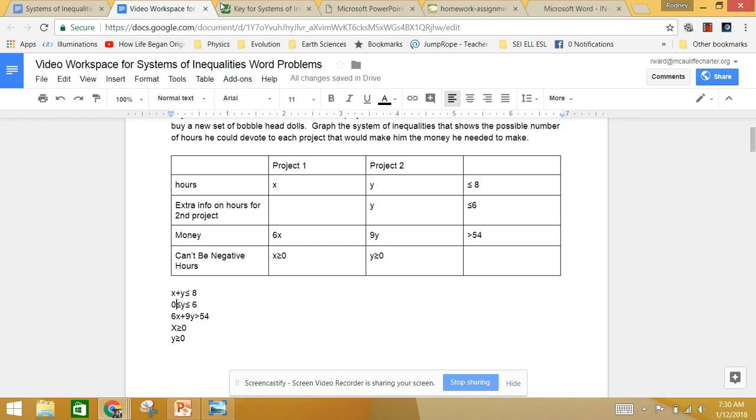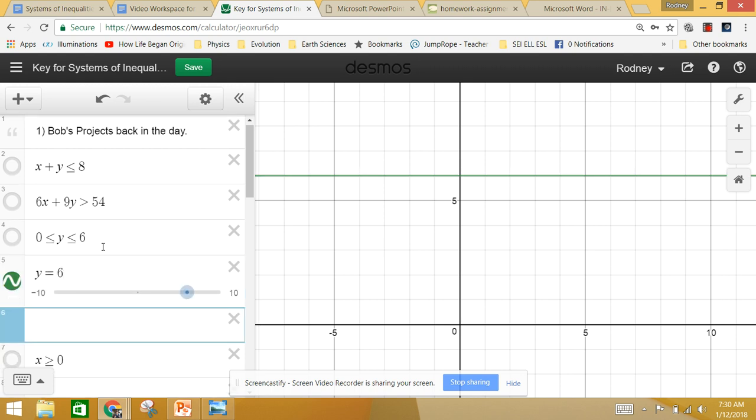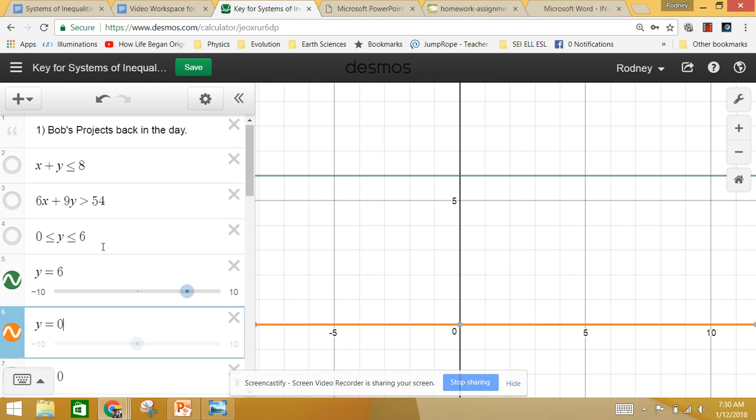So we go in here. Y is anywhere from 0 to 6, so that means I'm going to create some lines as my boundaries, y equals 6 and y equals 0. So those are my boundary lines.